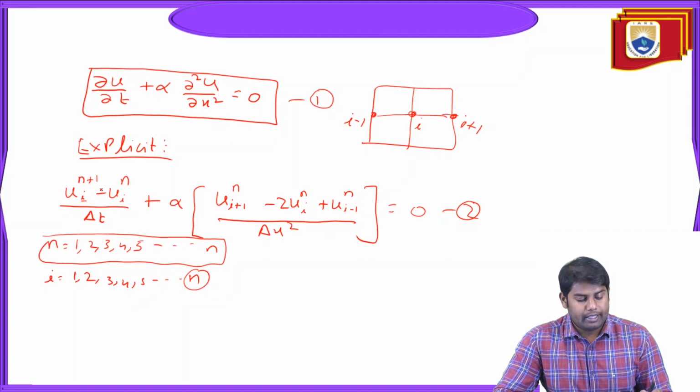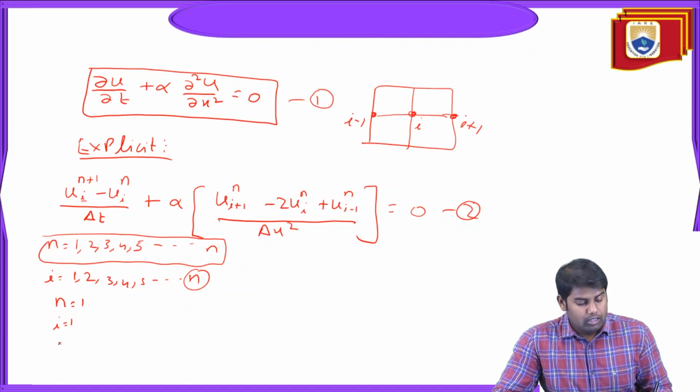Fine. Let us take an example: what happens when n is equal to 1 and i is equal to 1? We get u of 1 to the power of 2 minus u of 1 to the power of 1, divided by delta t.